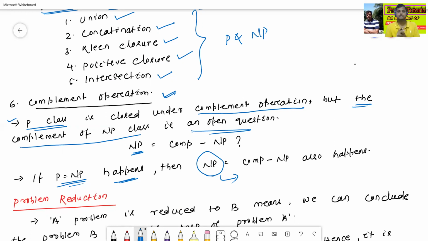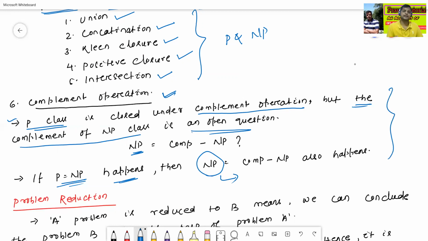Since P equals NP is an open question, the complement of the NP class is always an open question. This is also very important.